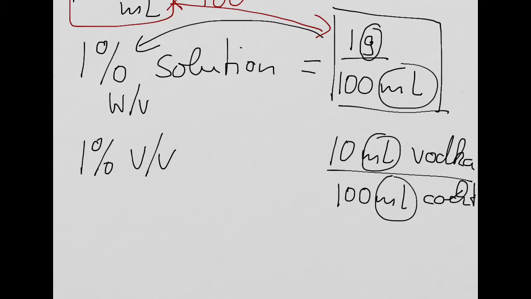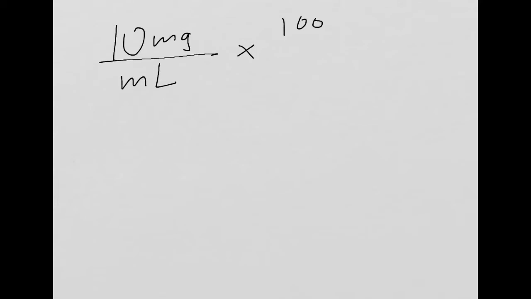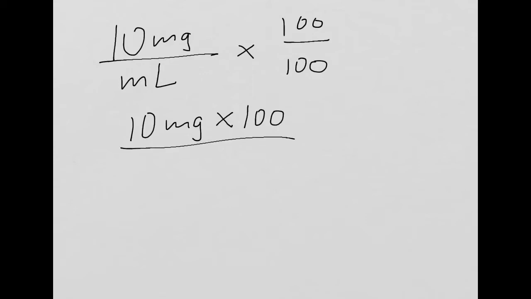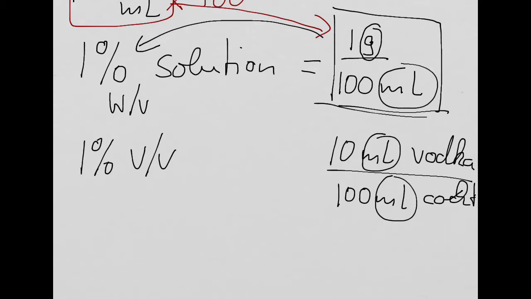Well, we now have 10 milligrams times 100 divided by 100 milliliter. And this 100 milliliter is already one part of our percentage solution. Remember? We said per 100 milliliter.